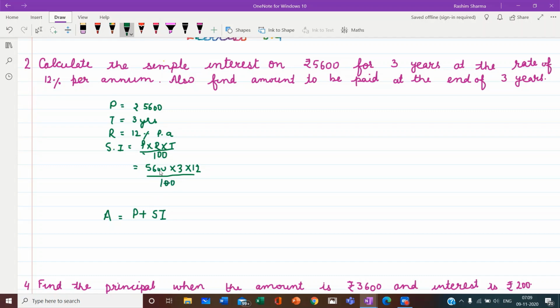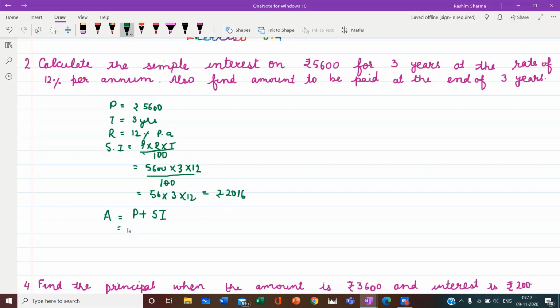So zeros cancel here, and when we multiply 56 into 3 into 12, we get rupees 2016. And we have to find amount here, so it will be equal to principal plus simple interest.